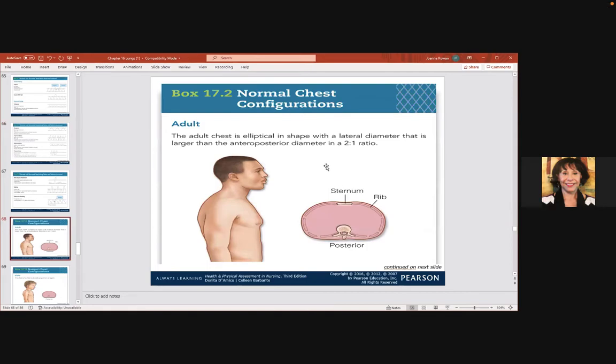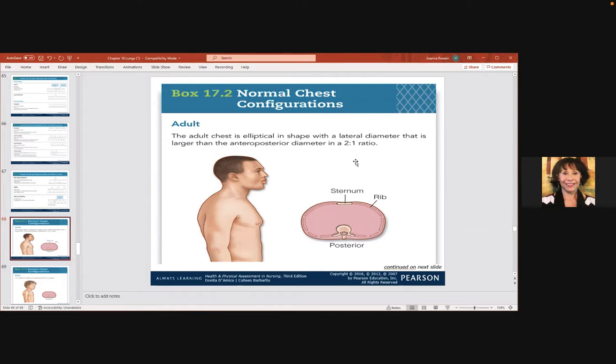Okay, so remember how we said the adult chest is elliptic in shape, with the lateral diameter larger than the anteroposterior diameter in a 2-to-1 ratio. Don't get confused by this picture, because they are using different wording than we used at the beginning.